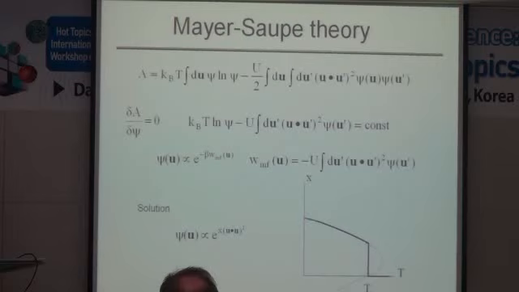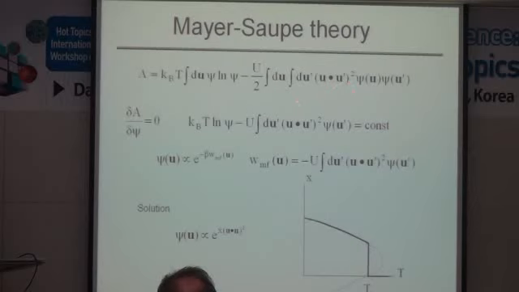There are many theories, and the simplest theory is the Maier-Saupe theory, and it says that there are some interaction potentials. Neighboring molecules tend to align in the same direction. So if one molecule is pointing in the direction u, and the other neighboring molecule is pointing in the direction u prime, there is an interaction energy that forces them to align in the same direction.